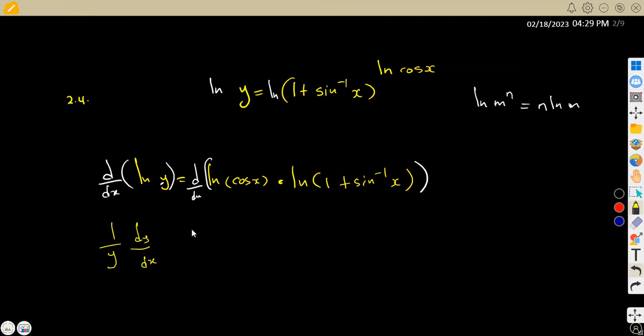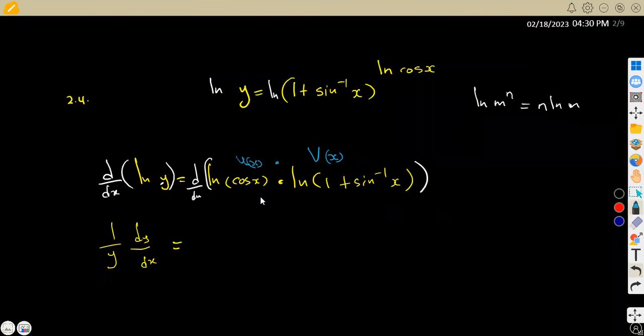Then if we move on, we see that we've got two functions in this case. We've got a function u(x) and a function v(x), and these two are multiplied by each other. So that means we can apply the product rule.